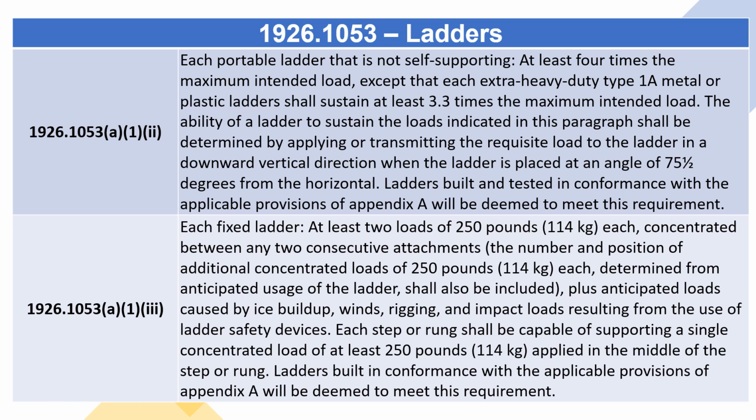Each step or rung shall be capable of supporting a single concentrated load of at least 250 pounds (114 kilograms), applied in the middle of the step or rung. Ladders built in conformance with the applicable provisions of Appendix A will be deemed to meet this requirement.